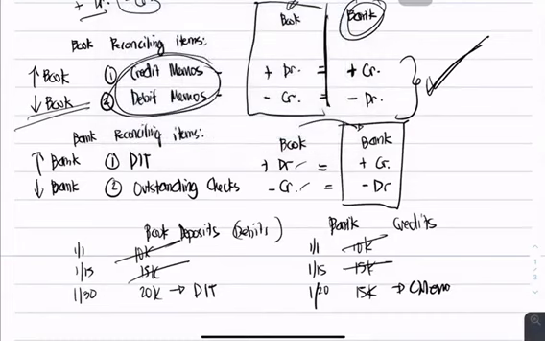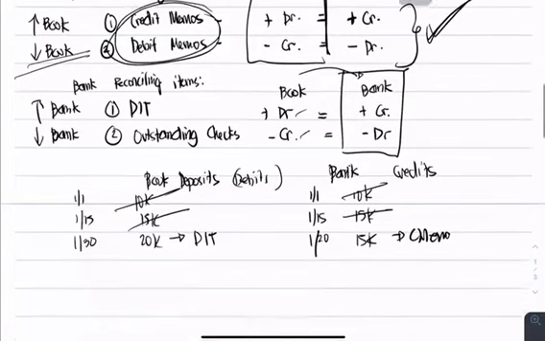Sa bank natin, may natira na 15,000, assumption natin na credit memo. Except if sinabi niya yung 15,000 ay error, edi hindi yan credit memo. Ganun lang naman siya. Okay? So, tignan lang ninyo kung anong wala sa book at kung anong wala sa bank. That's for credit and DIT.